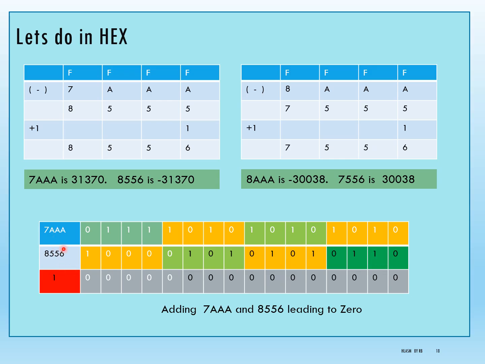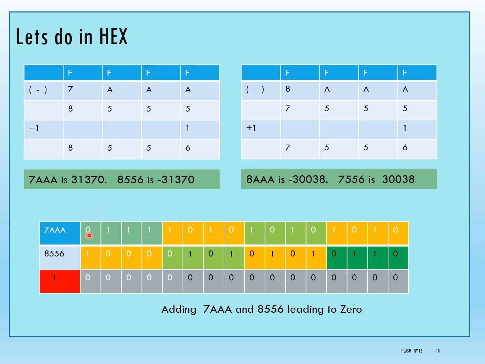What we will do, we will add these two. 0 plus 0 is 0, 1 plus 1 is, no, not 2, okay, 1 plus 1 is 10. We were taught in 6th standard 1 plus 1 is 10, so you put a 0 here and you put a 1 here. 1 plus 1 is 10, 1 plus 1 is 10, like that you keep on going.